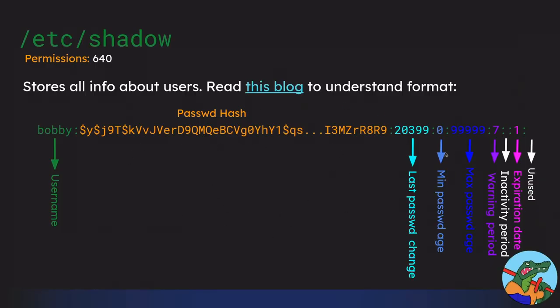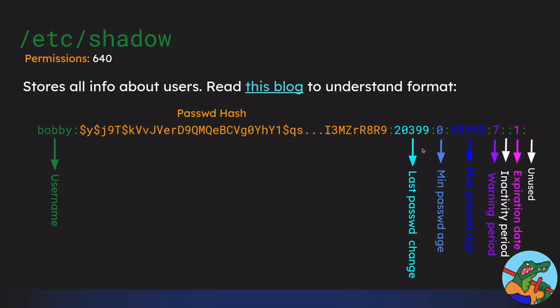Most of them are irrelevant. If you want to learn it in more depth, here's a great blog explaining it, but I'll just cover what's necessary. So this is the user, and then we have their password hash. I'm not going to explain how hashing works or what this means. All you need to know is that this is the password.